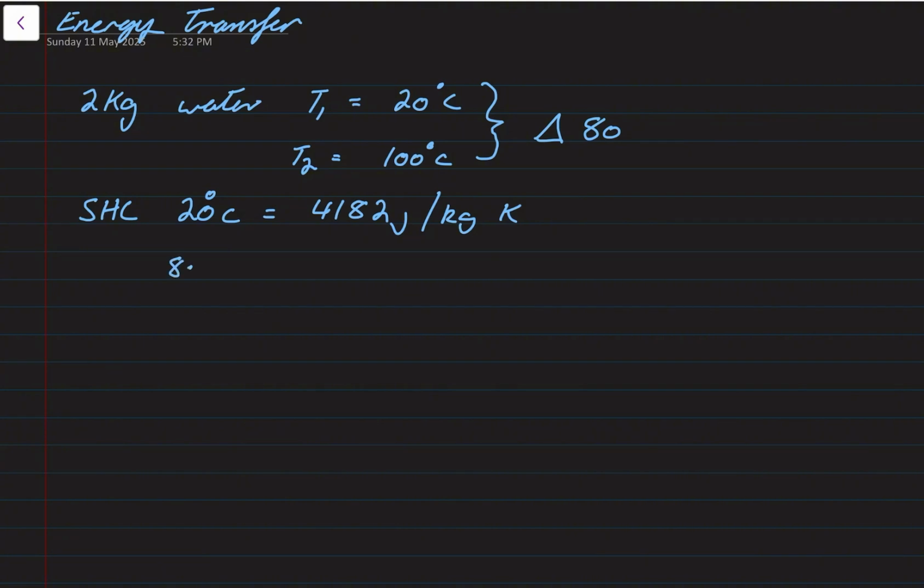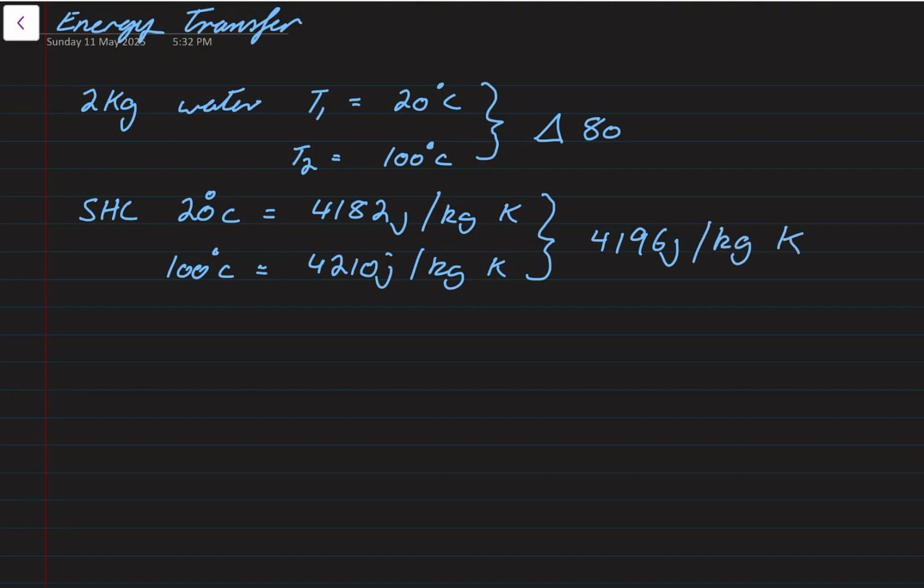Likewise, at 100 degrees, the specific heat capacity is 4,210 joules per kilogram K. Now the average of these two, we add them together and then divide them by 2. So that equals 4,196 joules per kilogram Kelvin.